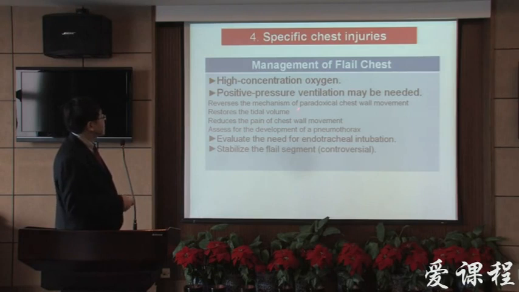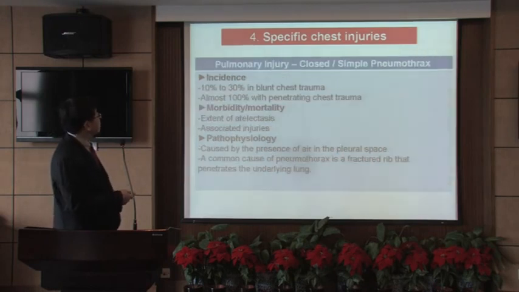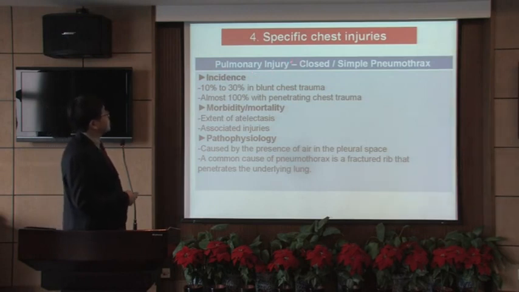After these parts, we should evaluate the need for endotracheal intubation, then stabilize the flail segment. This is still controversial. The second injury we always see is a pulmonary injury. It always leads to the closed or simple pneumothorax.